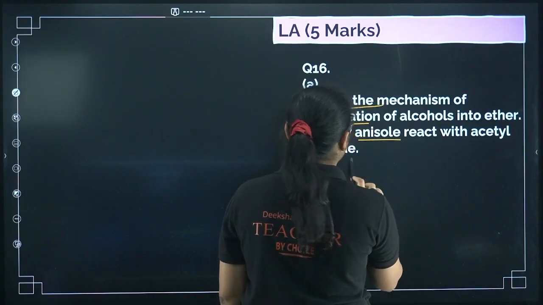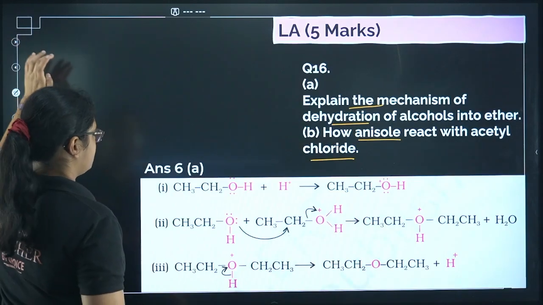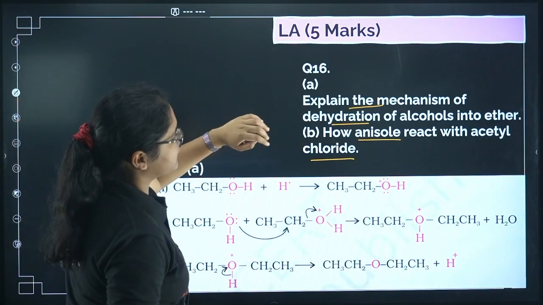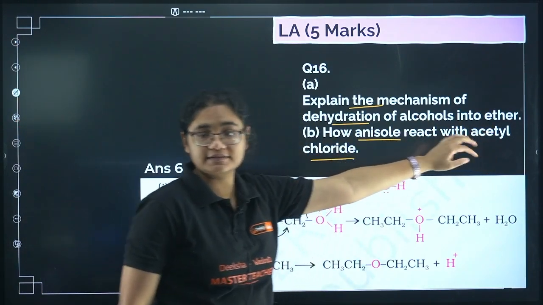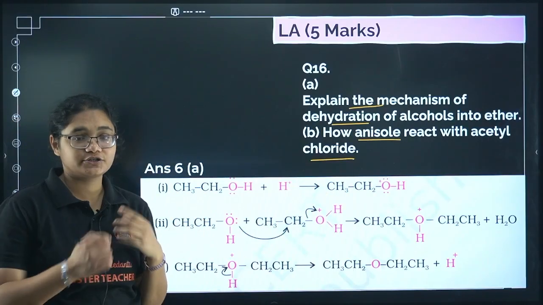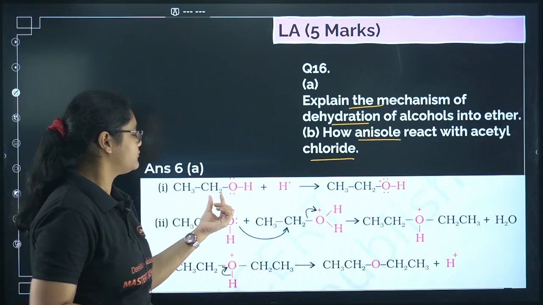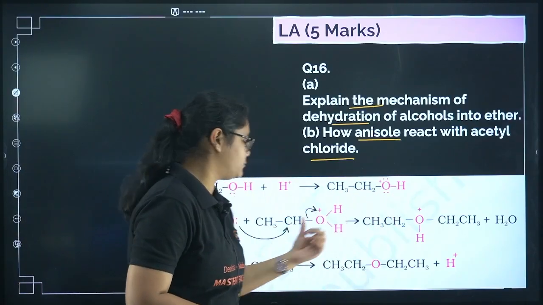Explain how anisole reacts with acetyl chloride. Okay, one second. Okay, dehydration of alcohols to ether. This is another mechanism that you should focus on. First of all, dehydration of alcohol can either give you alkene or ether. For ether, the first step is the same, it gets protonated.